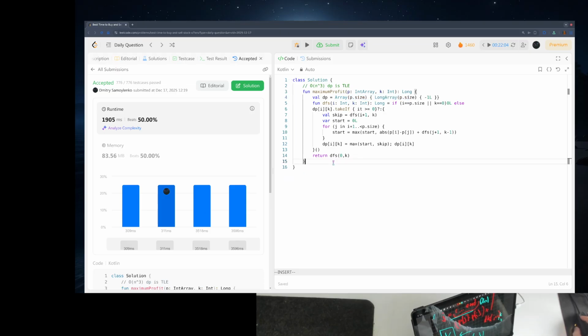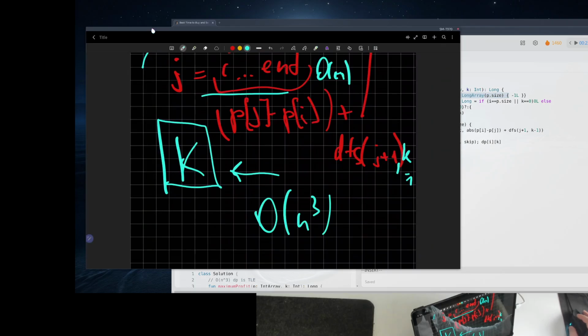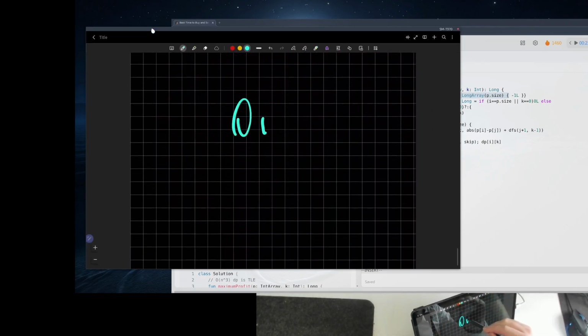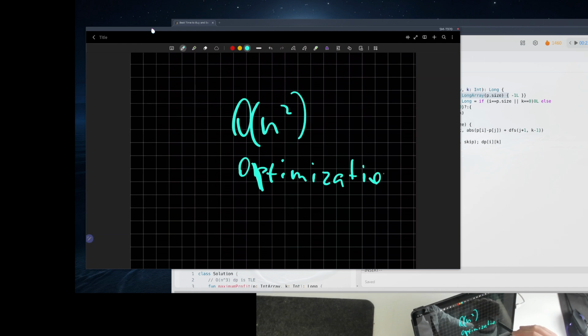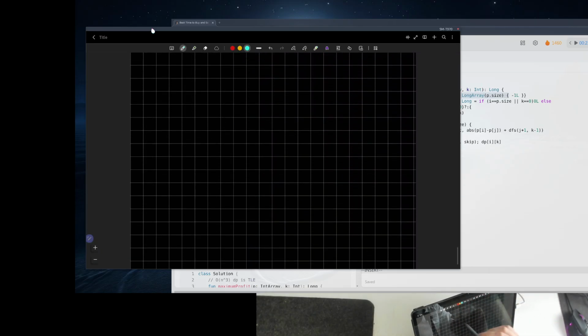However, this is not optimal, and this is not accepted with the hash map. And let's look at the optimization you can make. So instead of the n squared optimization, we should encode our state differently.